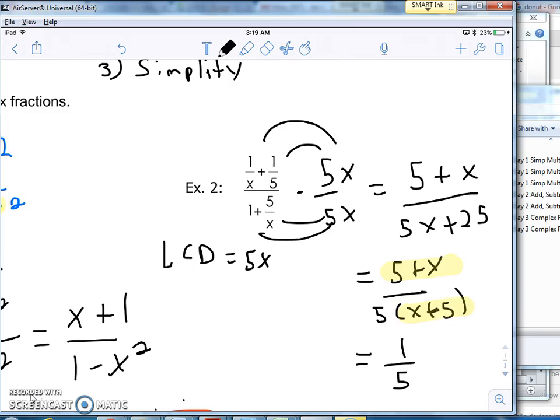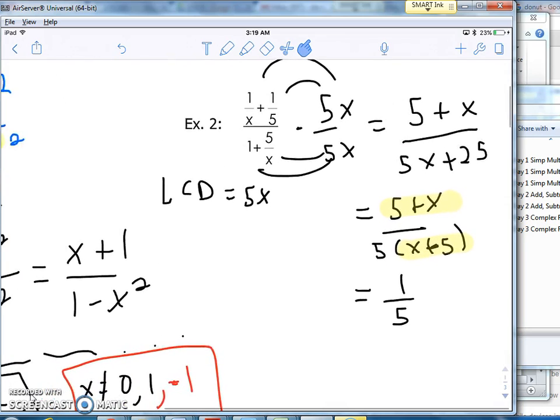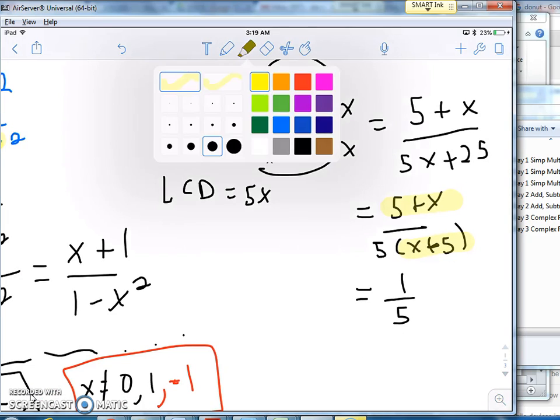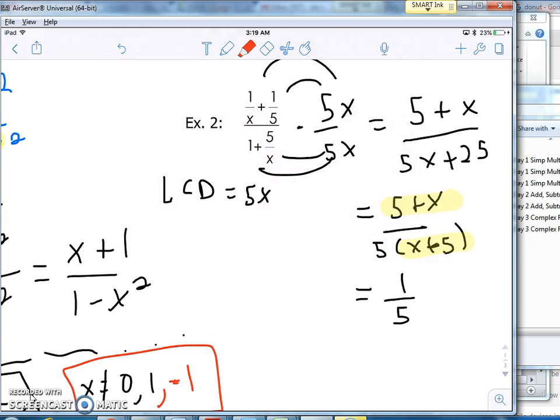We still have some restrictions on x. So we know from up here, let me use a little red highlighter, x cannot be 0, same thing down here, but we also need to know when that whole denominator becomes 0. So we're going to say 1 plus 5 over x equals 0.